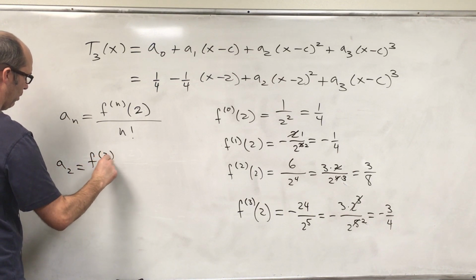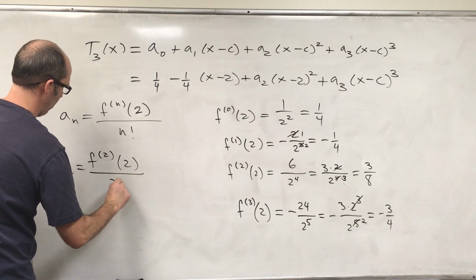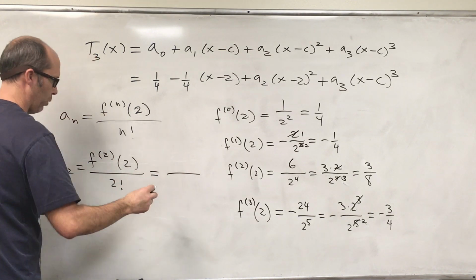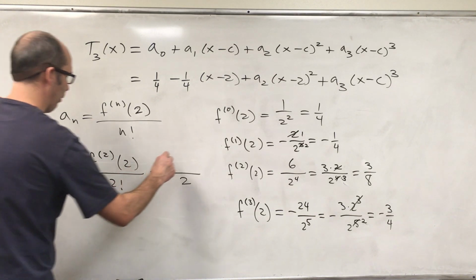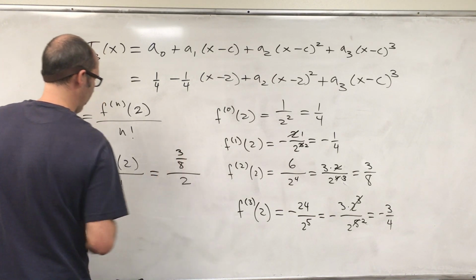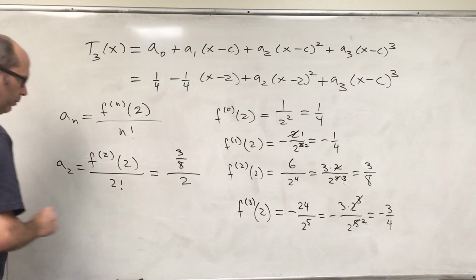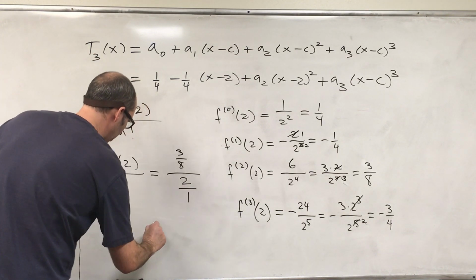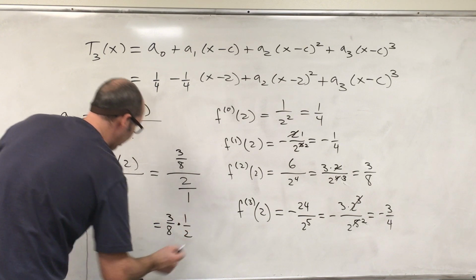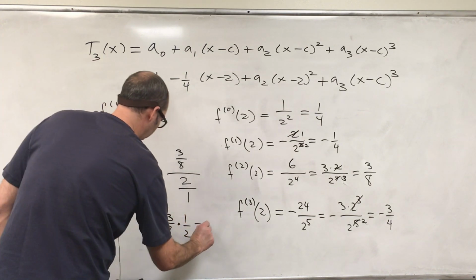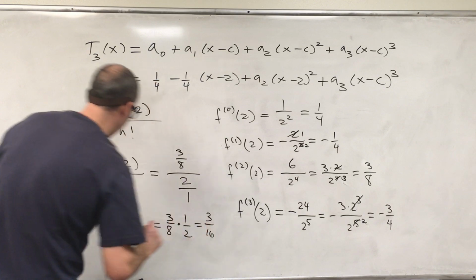a2: 2 factorial is 2 times 1, otherwise known as 2. f2 at 2 we have 3/8 over 2, so this is 3/8 times 1/2. So that is 3/16.